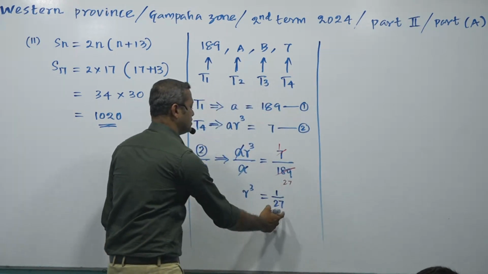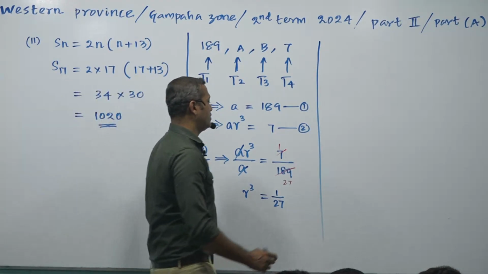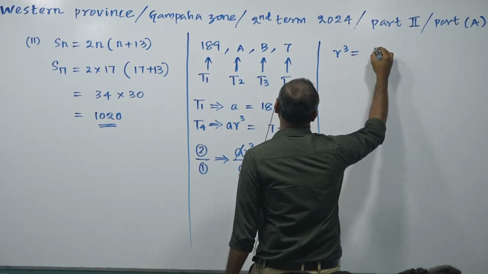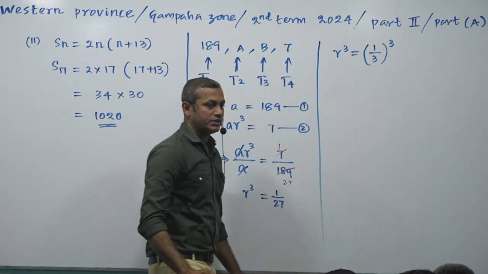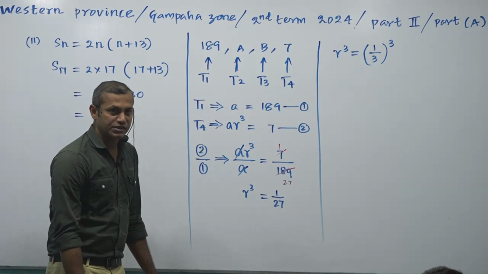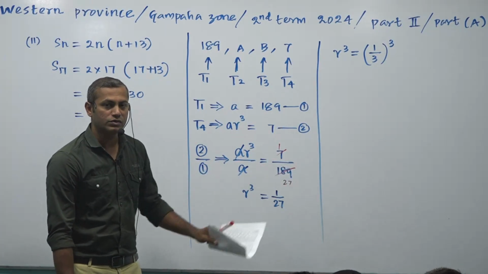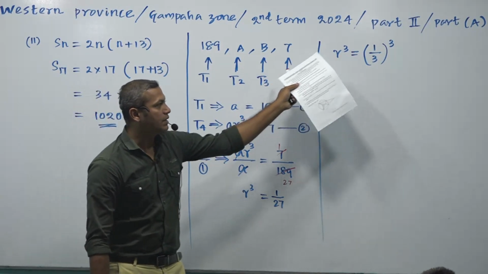Try to write this as a power 3 number. How? 3 to the power 3 or 1 over 3 to the power 3. 1 over 3 to the power 3. Why? Because it's a fraction. 1 to the power 3 is 1. 3 to the power 3 is 27. So 1 over 27 can be written as how? 1 over 3 whole thing to the power 3. So now see, the powers are same, na?